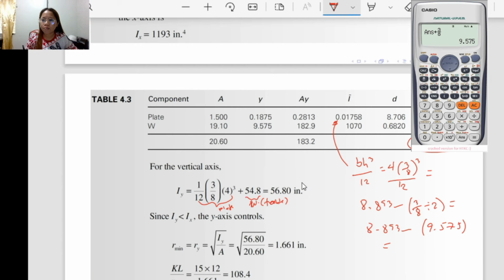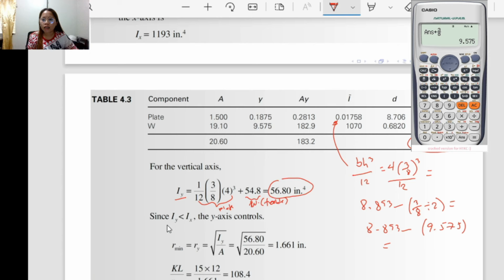And this is the moment of inertia along y, or in the vertical axis. And since comparing the two moments of inertia, the vertical axis is less than the horizontal axis, no? So the y-axis controls.